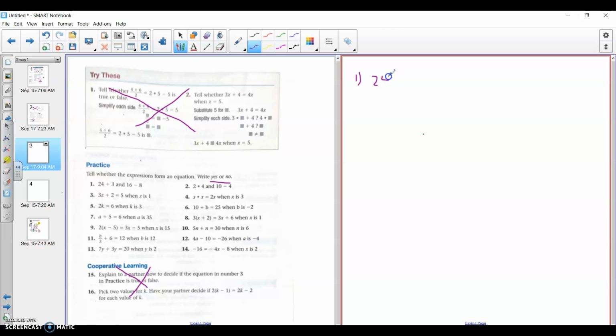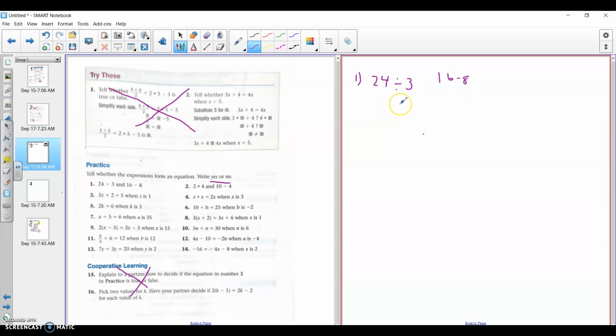So number 1 is 24, and then they said divided by 3. And for the sake of time, I'm not going to put the word and in there. I'm just going to put 16 minus 8. And if you feel like you need to do that on your paper, you do not need to write out the word and. Just leave space so you know that there's a left side and a right side.